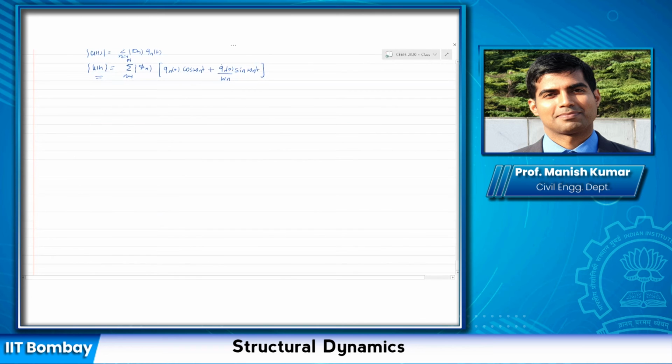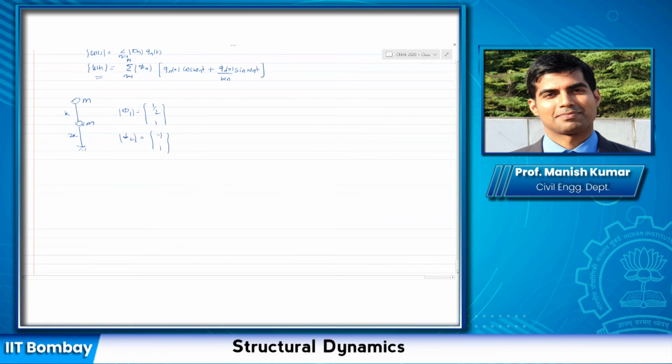So again, we are going to consider the same system that we have. This is 2k, this is k, this is 2m, and this is m. Phi 1 we had derived as 1 by 2, 1, and phi 2 we had derived as -1 and 1.